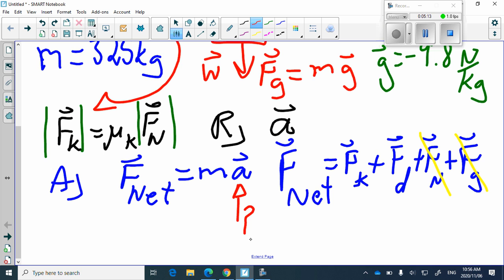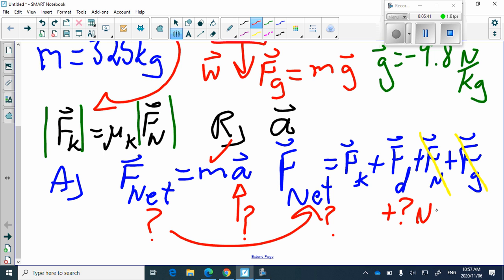If you want to find acceleration, that's our unknown, right? Do we know the mass? Yes, we do. Do I know F net? No. Do I have a way of finding F net? Yes, I do. Do I know the force of 6 dogs? Yes, you do, because they tell you how much each dog pulls with. So you know this will be positive, some number you're going to calculate, in newtons.